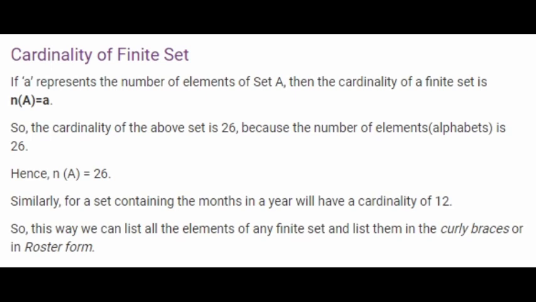Hence, n of A is 26. Similarly, for a set containing the months of the year, we'll have a cardinality of 12. This way we can list all the elements of any finite set in curly braces, or the roster form.